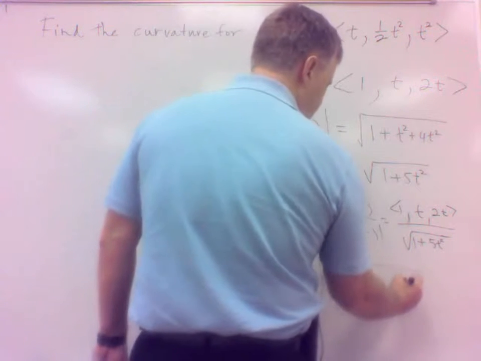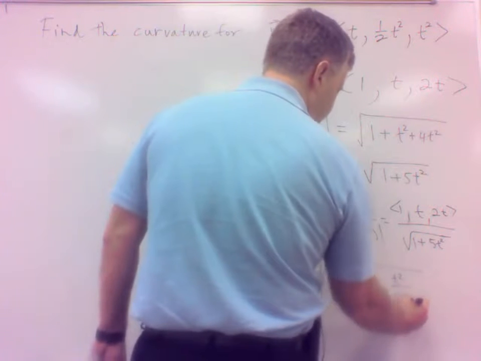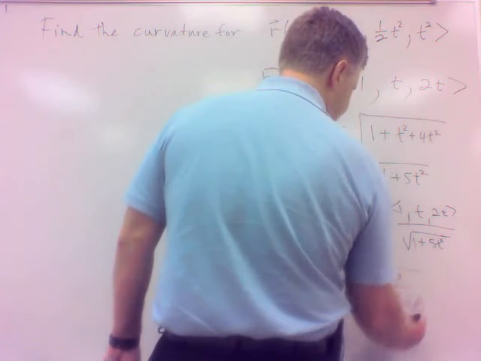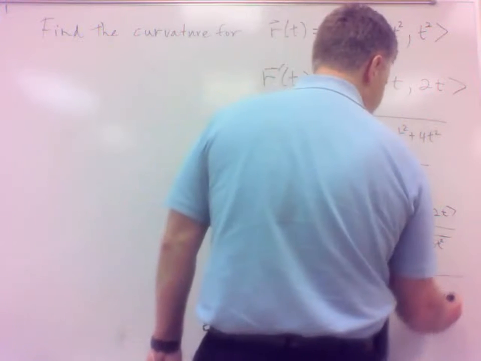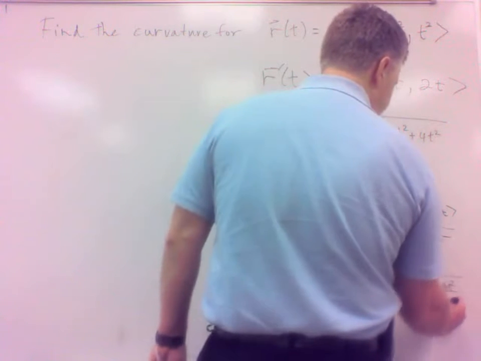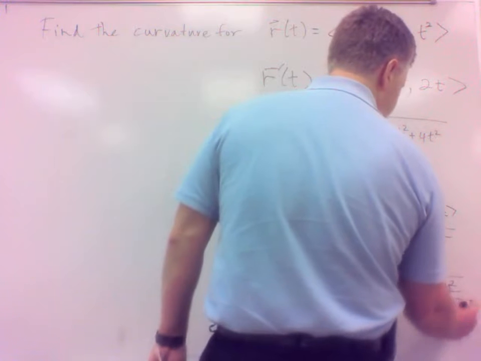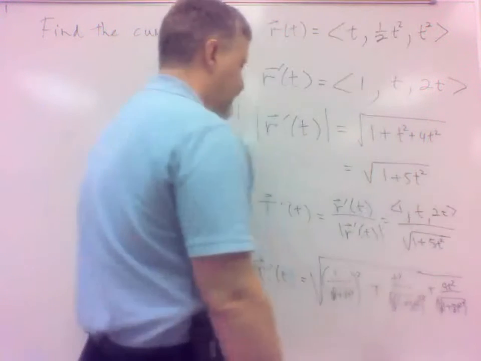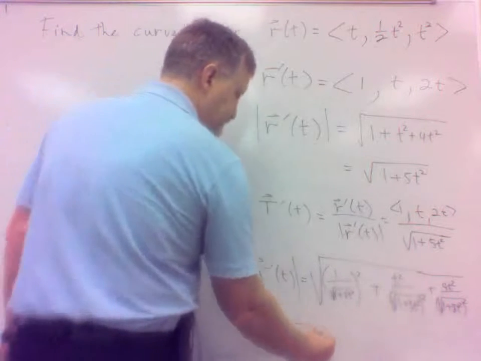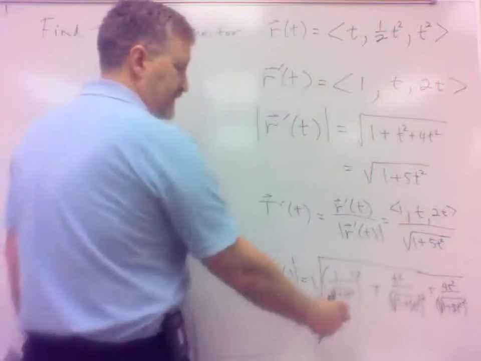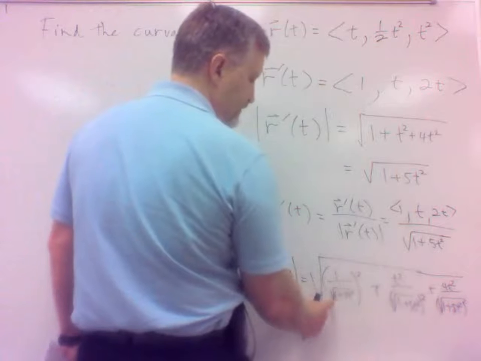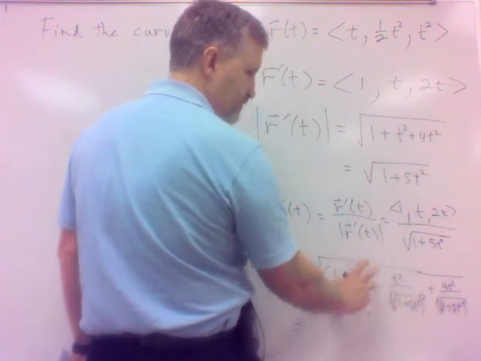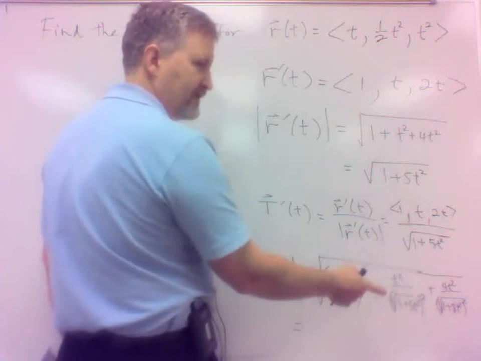So that'll be t squared over (1 plus 5t squared), and then this would be 4t squared over the square root of that squared. So what happens on that? All of them have the square root, this square root squared, which cancels the square roots, but we've got it square rooted again.